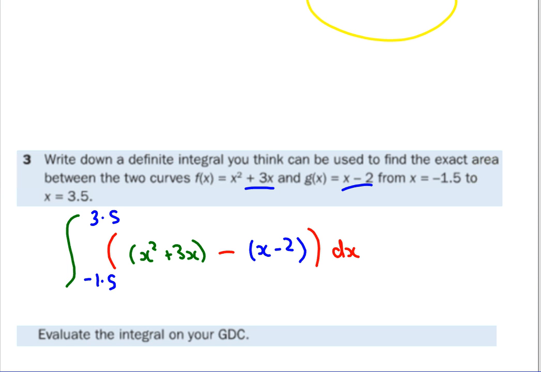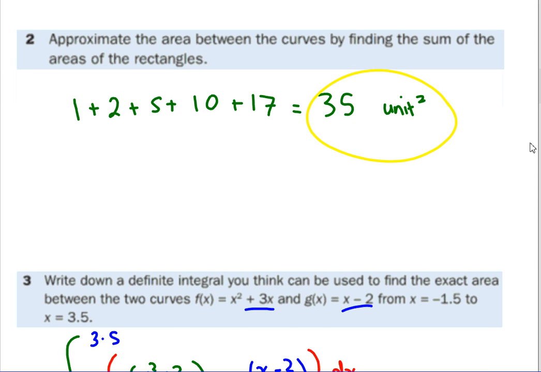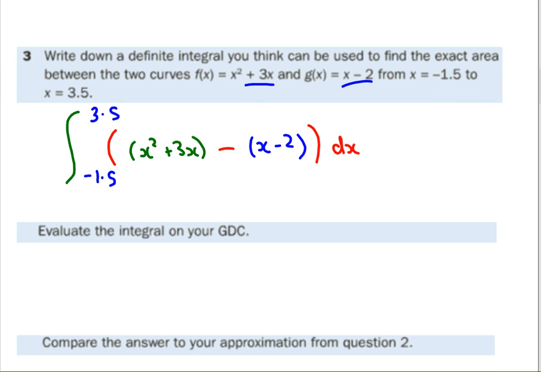So notice what we did: it's the integral between the lower bound and the upper bound. It's the higher function minus the lower function. And that gives us the area. When we actually calculate this in our calculator, you might find it's something pretty close to what we just did here. So in the brackets, when we subtract them, what does that give us?